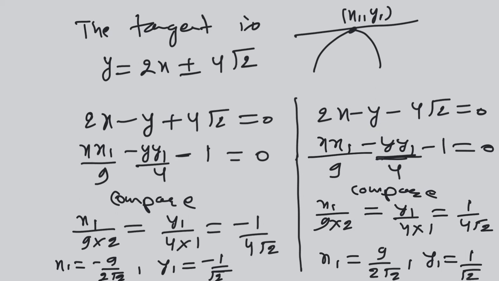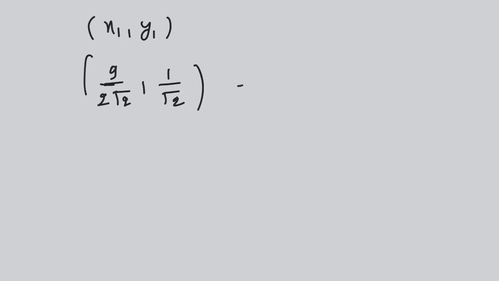So we got the points of contact: one is 9 by 2 root 2 comma 1 by root 2, and the other is minus 9 upon 2 root 2 comma minus 1 by root 2.